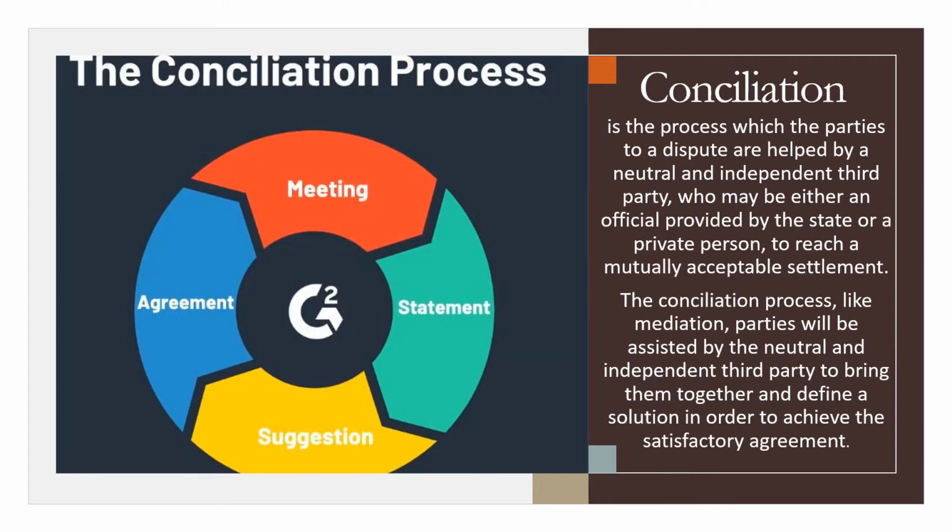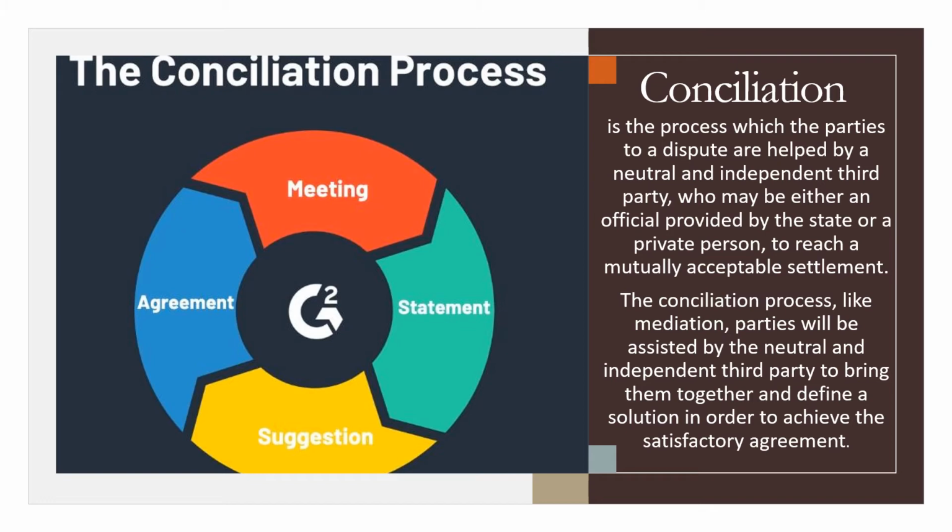The next conflict resolution process we are going to look at now is conciliation. Conciliation is also a third-party conflict resolution process. A neutral and independent third party comes in to try to settle the differences between people. But this third party can be provided by the state, or it can be a private person, as I've earlier explained.